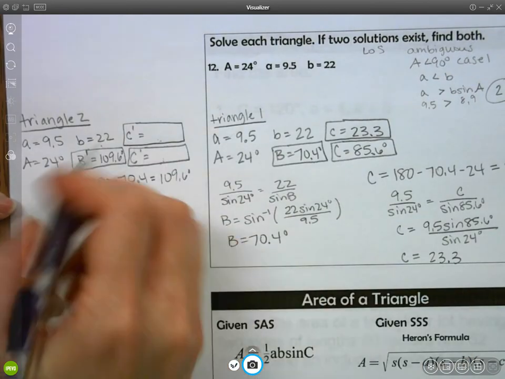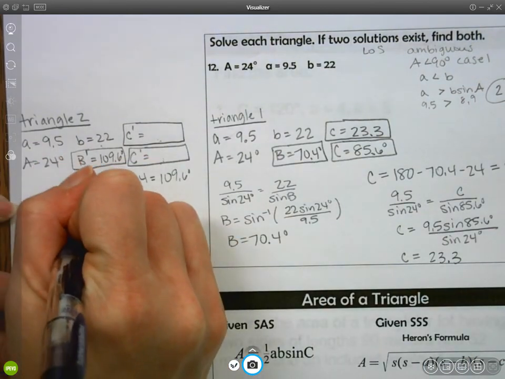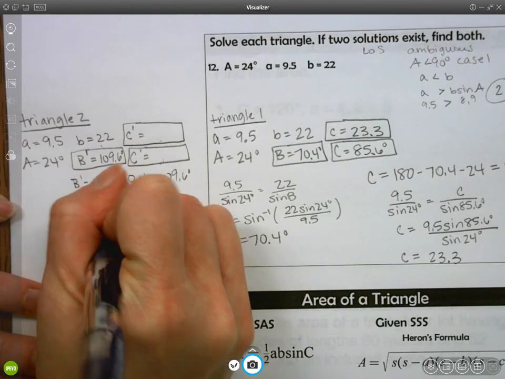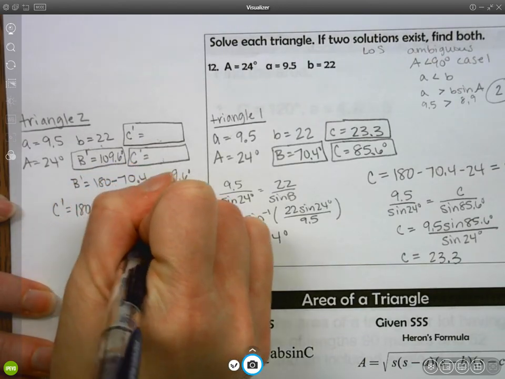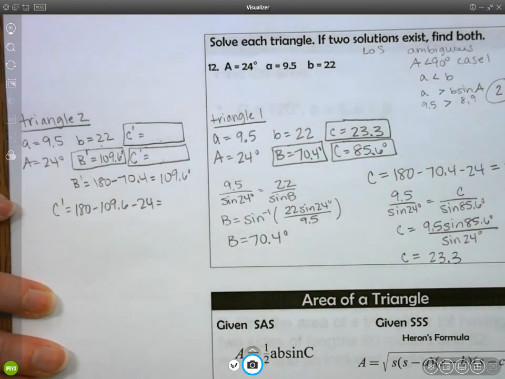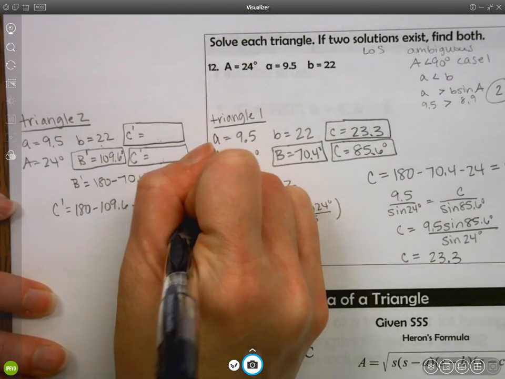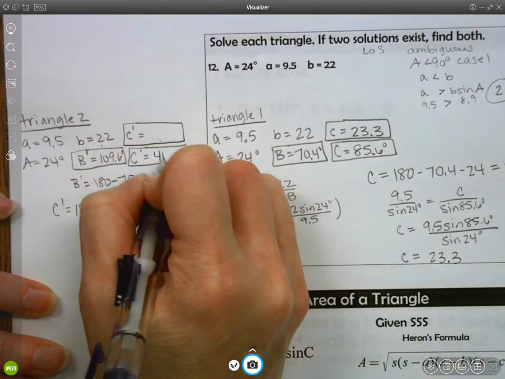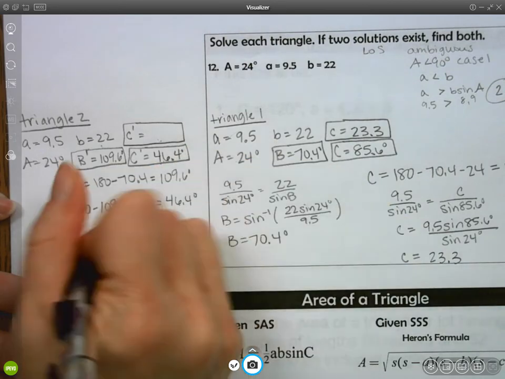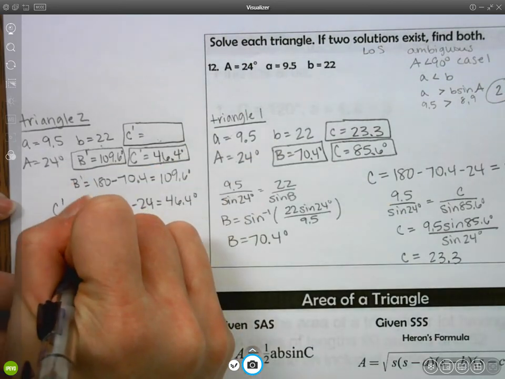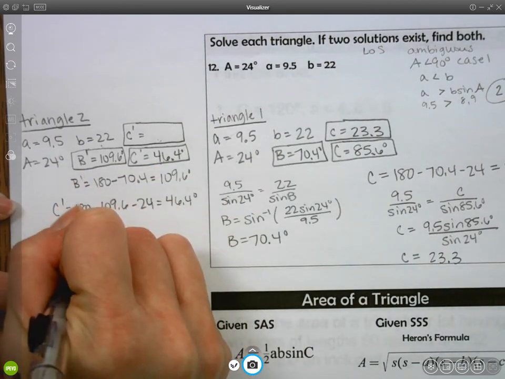And then we can find C prime by doing 180 minus that new B minus the A. I get 46.4. And then you can find C prime using the law of sines.